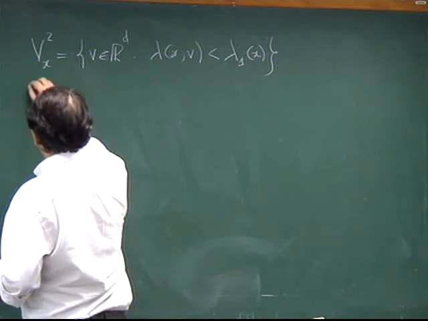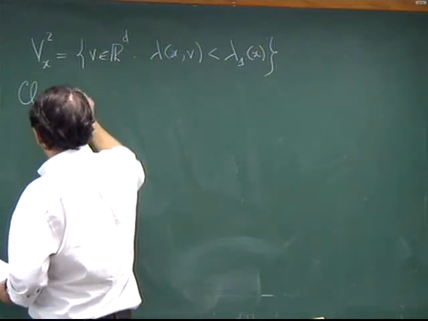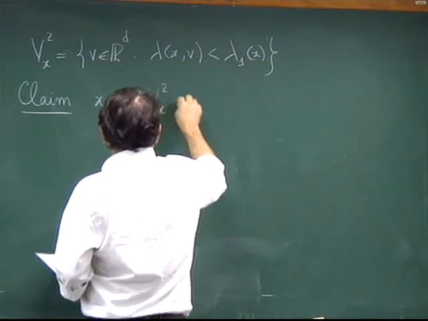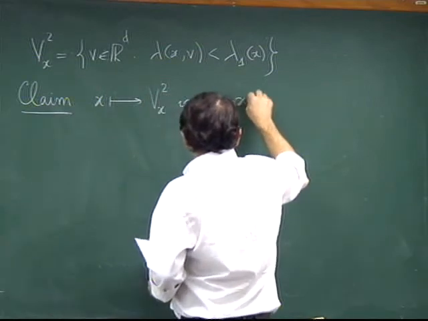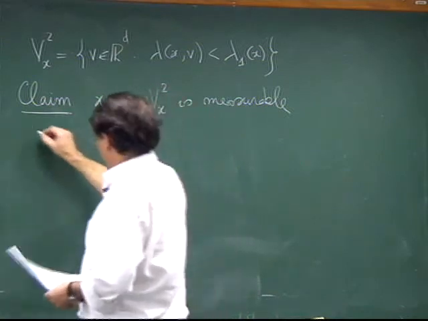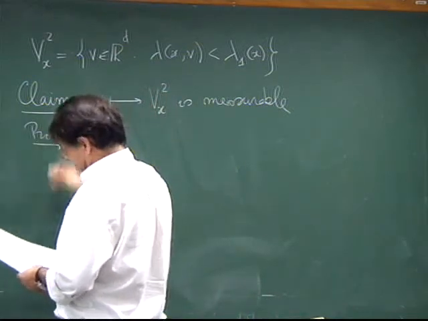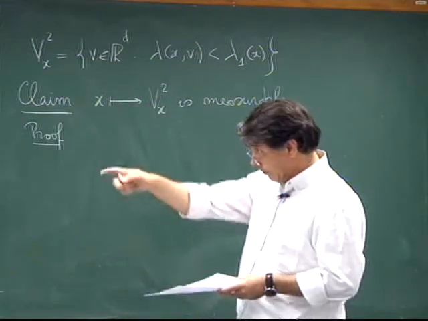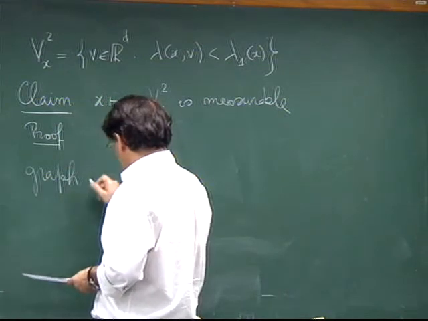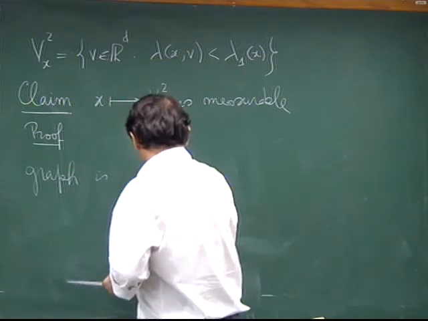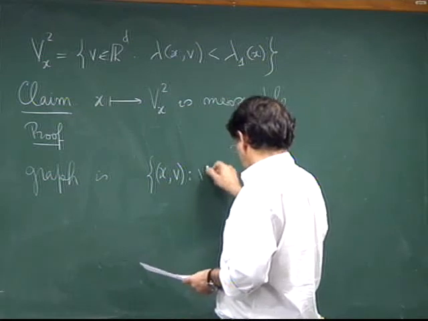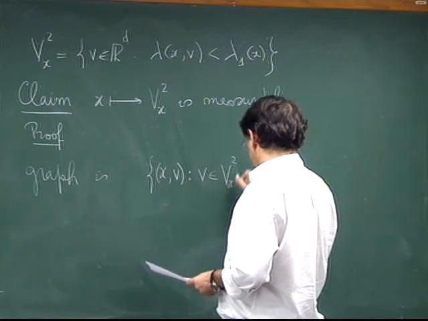So my claim is: the map assigning to each x the set V2(x) is measurable. Proof of the claim. I'm going to look at the graph. The graph is the set of (x, v) such that v belongs to V2(x).